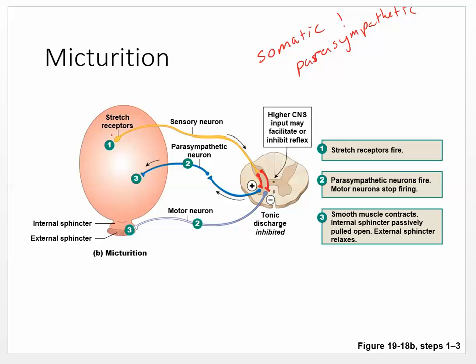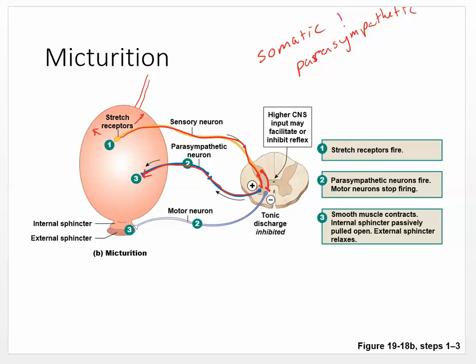You have stretch receptors that send a signal that says, hey, our bladder is getting large. We've been pumping urine into it, and it's starting to stretch. We know we can override this, but that stretch receptor is going to tell the bladder, time to contract and let the urine out.